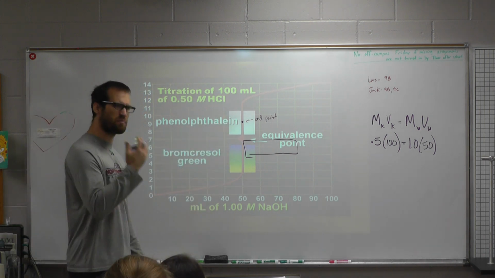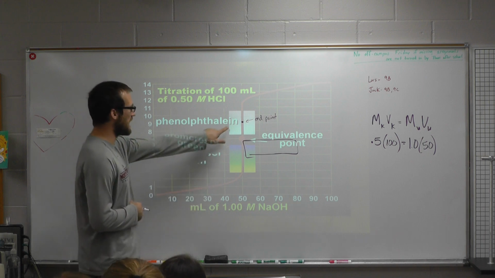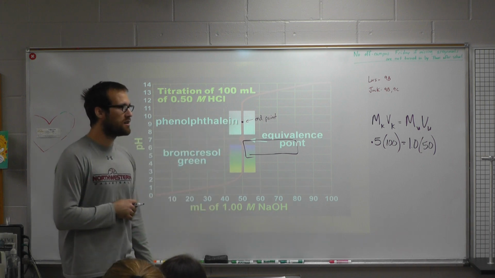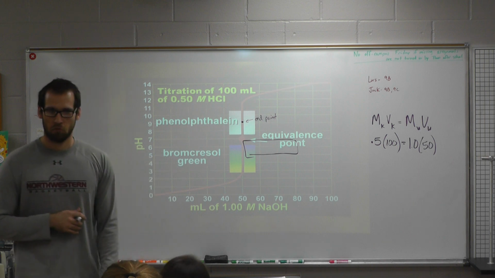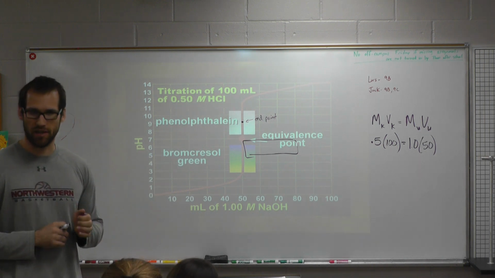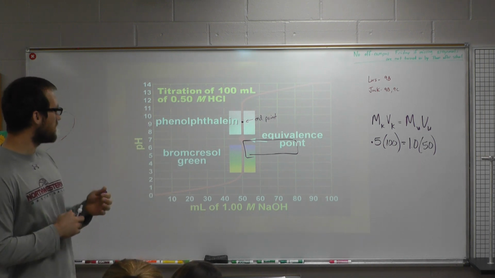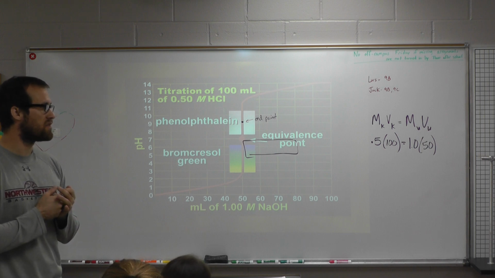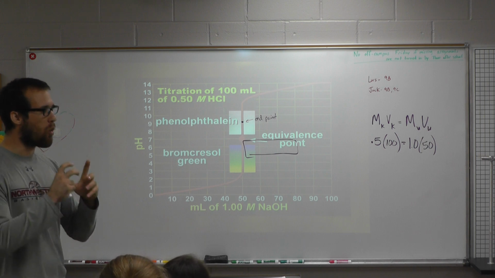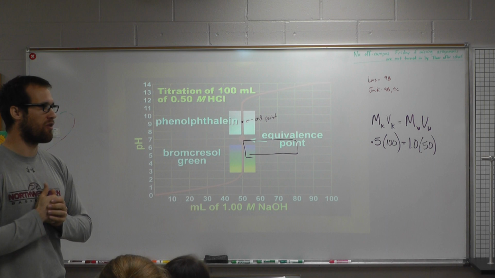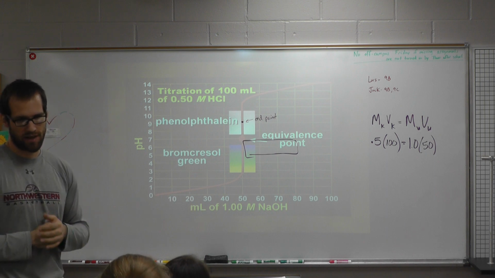Let's say I specifically wanted a solution to be 9.4-ish pH, and I wanted to create that solution. I would use that indicator, phenolphthalein, to figure out when the pH got to 9.4. Or I could probably just use a pH meter, that'd probably be the best way.